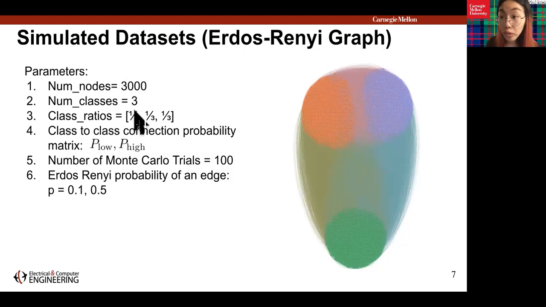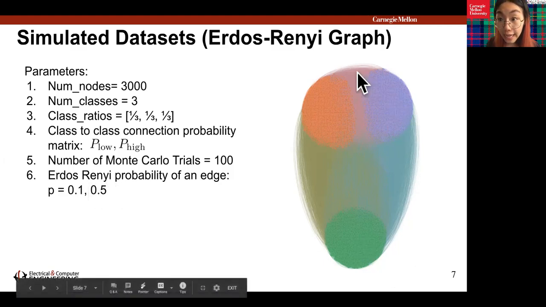And we manually fix 2 class-to-class connection probability matrices, P low and P high, such that the graph generated with P low will have a low edge entropy, and the graph generated with P high will have a high edge entropy. And then we run 100 Monte Carlo trials, and we also pick our Erdos-Renyi probability of an edge from 0.1 and 0.5.